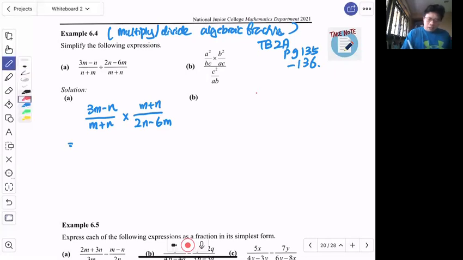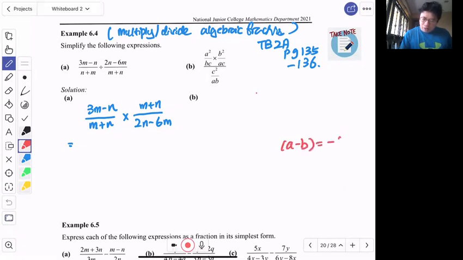There is a theorem that tells you that, in general, a minus b is the same as negative of b minus a. You all remember this? You just nod your head is good enough for me. So after that, can I say that this is like minus 6m minus 2n? Is that okay?